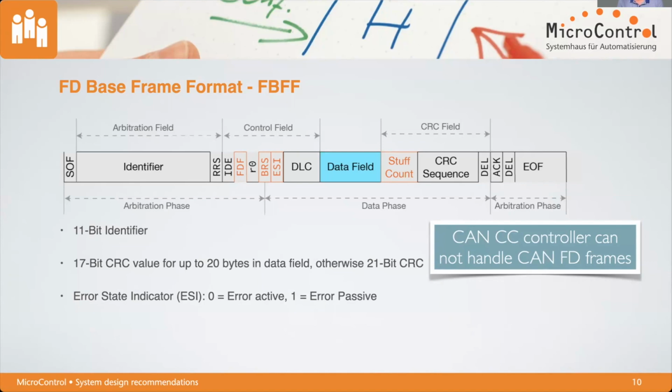So with this feature now, debugging and testing and seeing where something is going wrong, where maybe you have got problems in your topology, where you have got problems with nodes which are in error passive state, you can directly see in the protocol over the bus that there is a node which has a problem, which has missed the termination resistor, or you have got a long cable stub, or things like that.